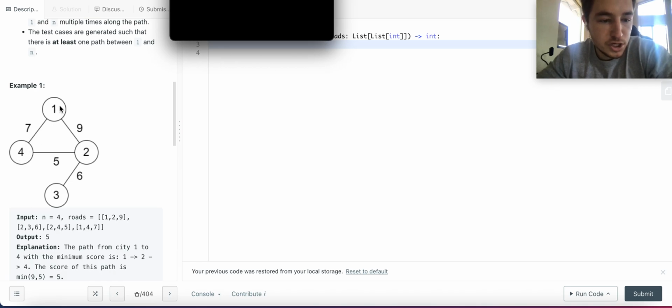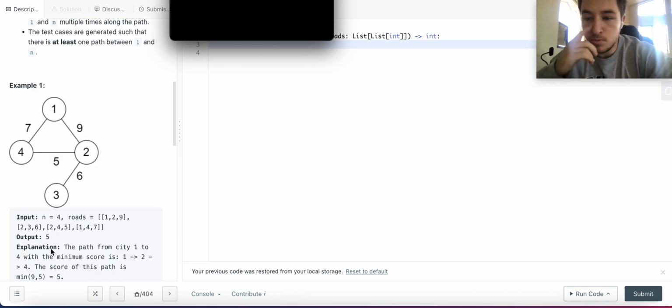Now, obviously, the shortest path in a traditional approach would be going directly from 1 to 4 with cost 7. But since the cost is defined by the minimum edge within this path, it would actually be optimal to go from 1 to 2 and then 2 to 4, or even 1 to 4 and 4 to 2, then back to 4, right?